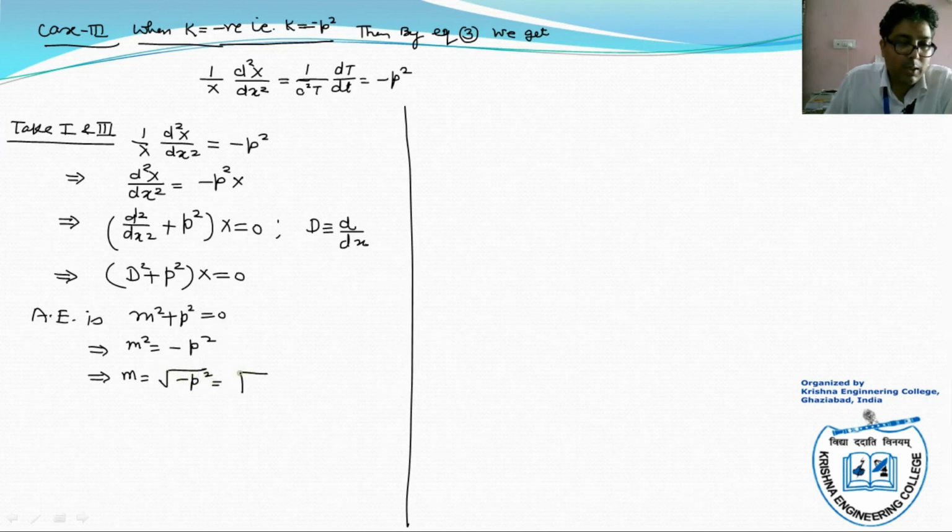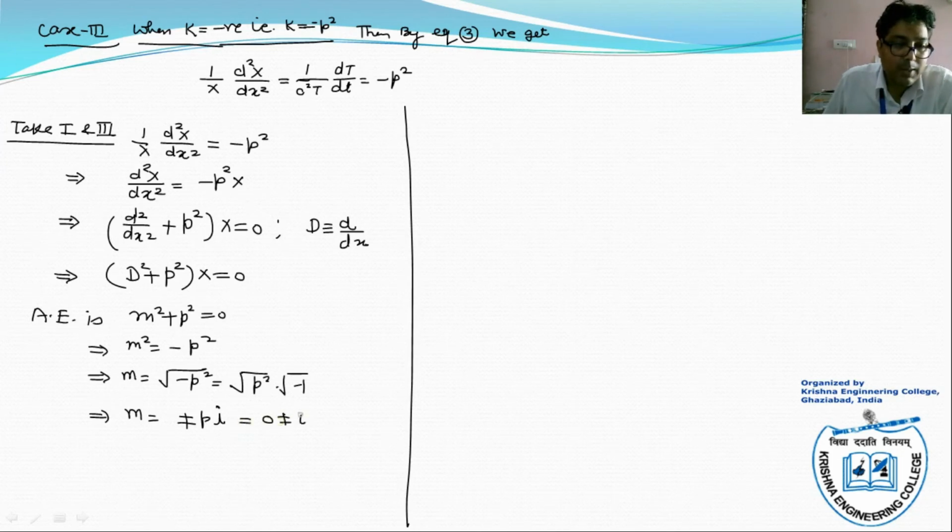This can be put as under root p square into under root minus 1. So we get m is equal to plus minus p times under root minus 1, iota. Clear? Now this can be written as 0 plus minus ip. This is the form of alpha plus minus i beta.